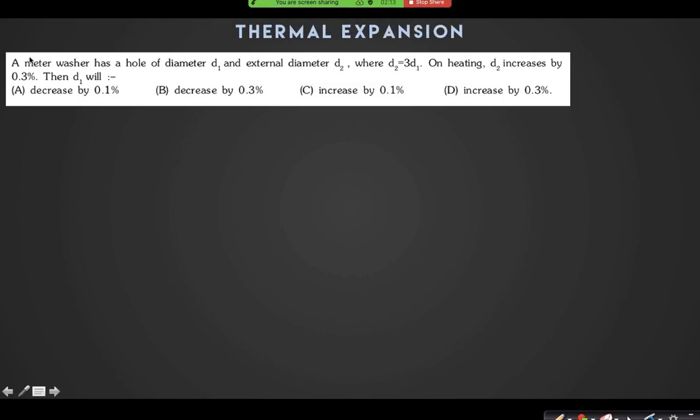I can use this equation D2 equal to 3D1, and as I have seen that D2 increases by 0.3%, so delta D2 is equal to 3 delta D1, right? Now it says that percentage increase is 0.3, so delta D2 by D2 is equal to 0.3.